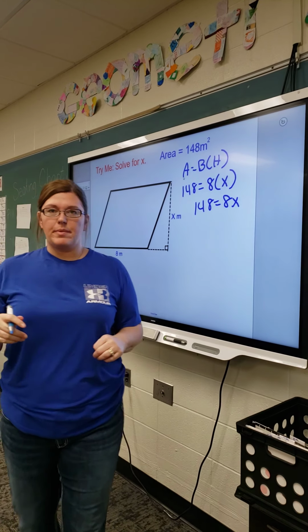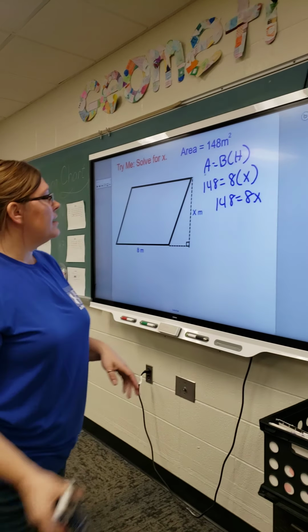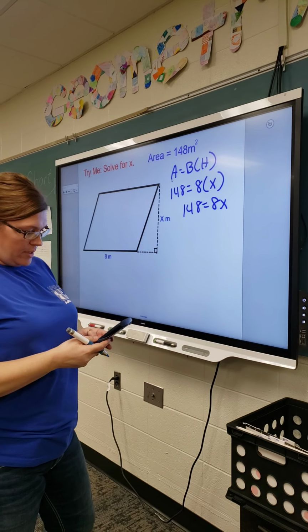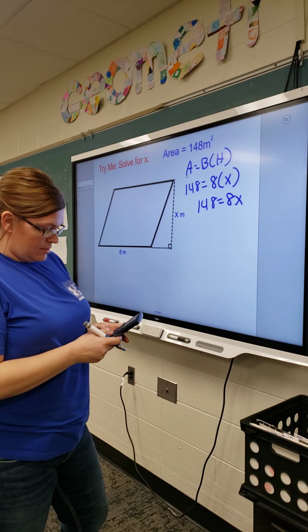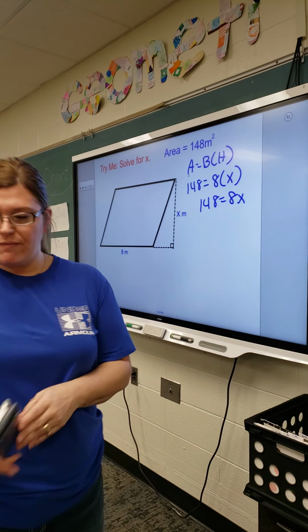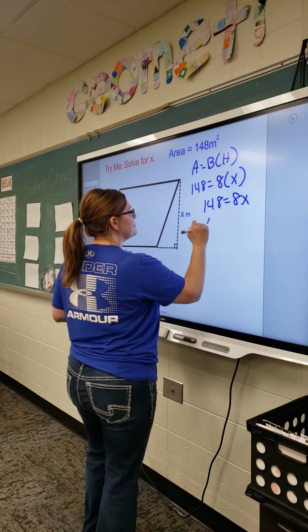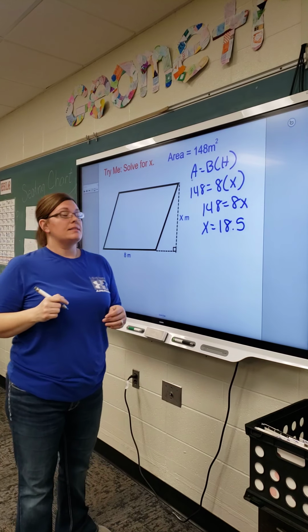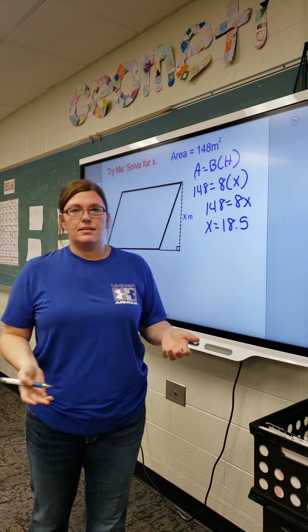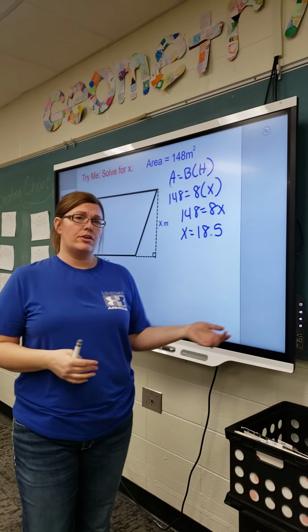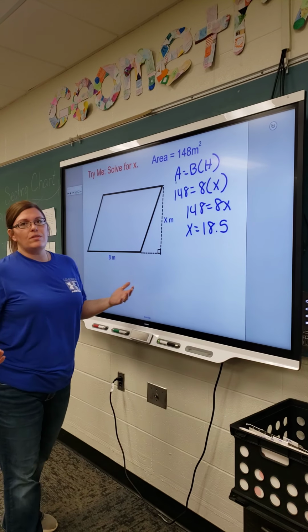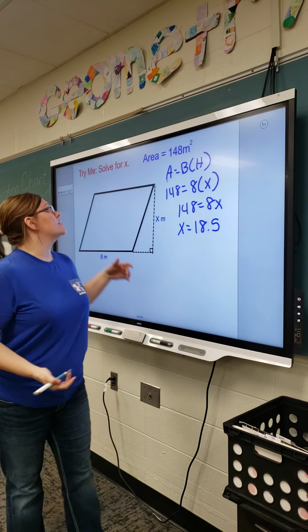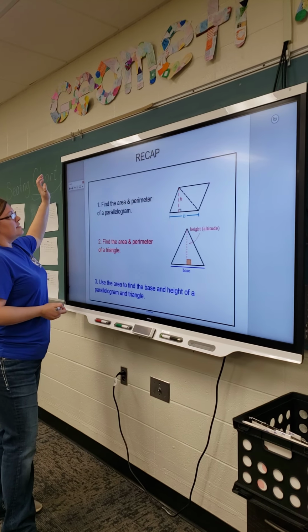How do I get x by itself? Divide both sides by 8. You get 18 point something. Beat you. 18.5. And that's the value of x, which means your height is 18.5. So you just found your height when you're given your area and your base. So they give you 2 things, you solve for the third. Use the same formulas.